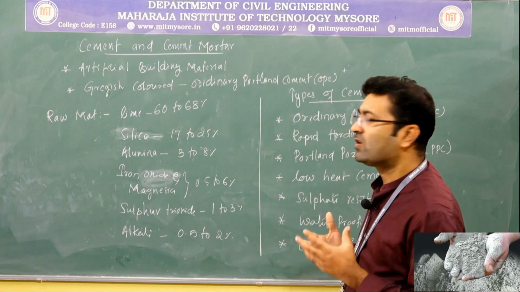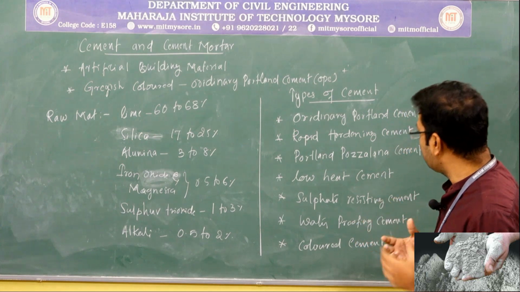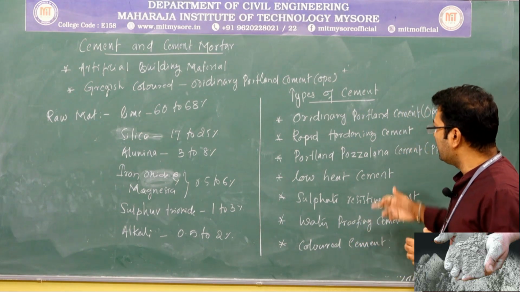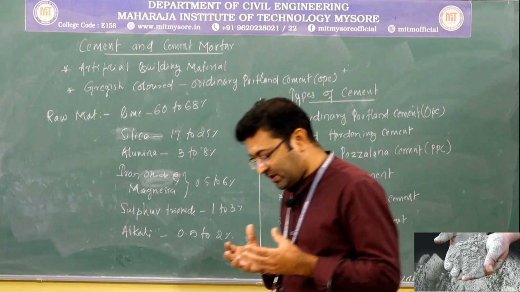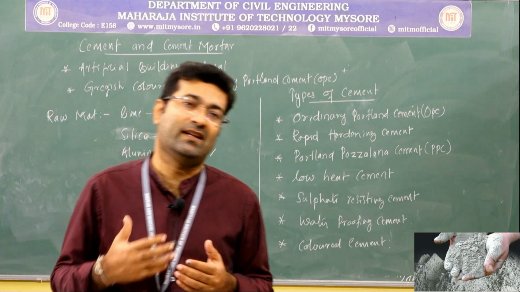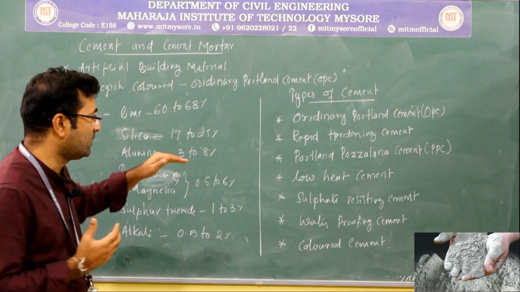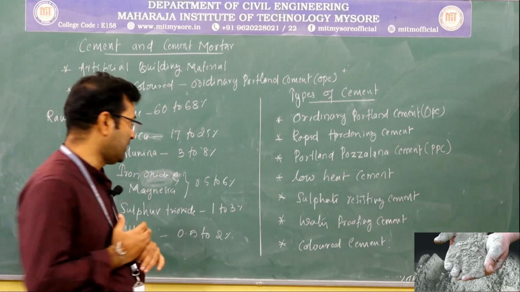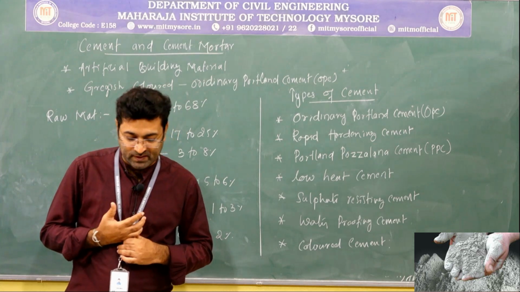It is difficult for laborers to work in that. So, whenever we have mass concreting work, we prefer to use low heat cement, which liberates comparatively less heat in comparison with either ordinary Portland cement or pozzolana Portland cement. Then the sulfate resisting cement.